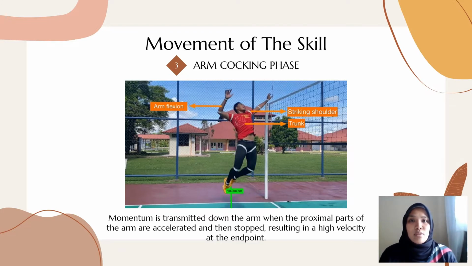The snap of the whip begins with the shoulder, and the striking shoulder is distant from the other shoulder due to the body torque caused by the grounded foot. As a consequence, the proximal part of the arm will accelerate.